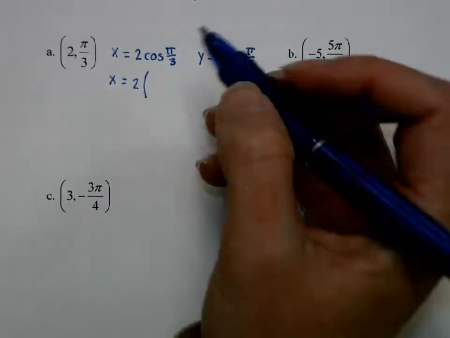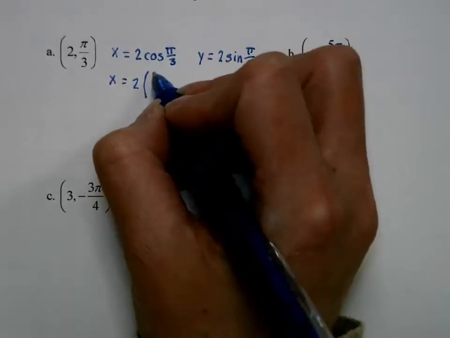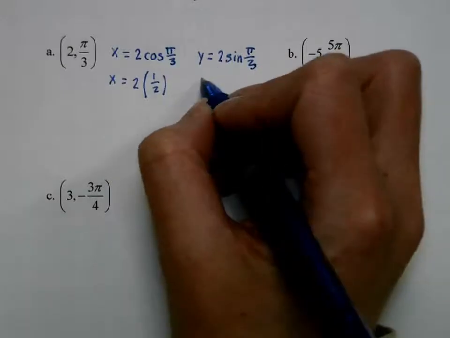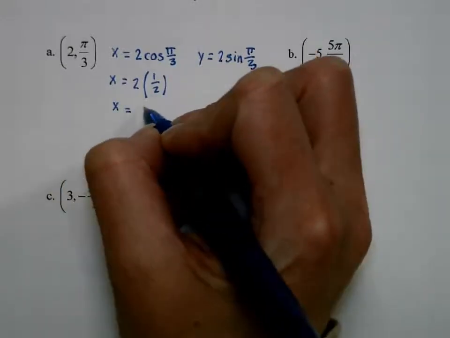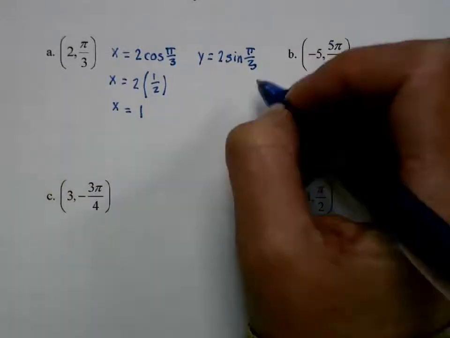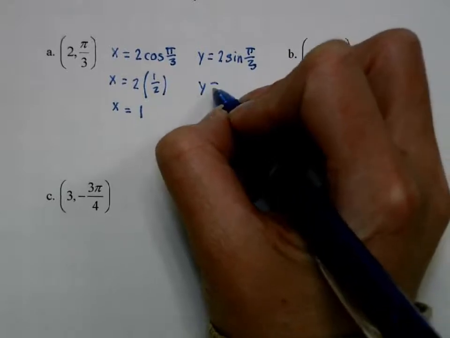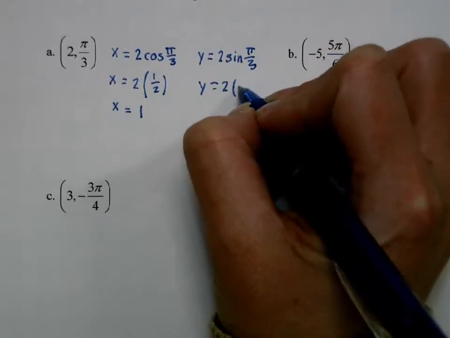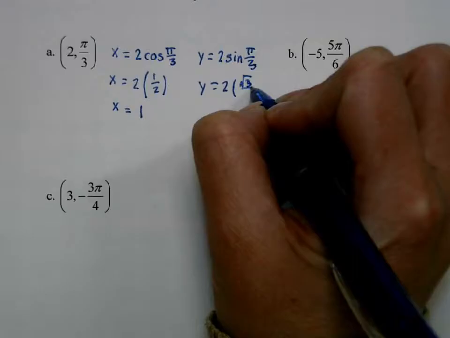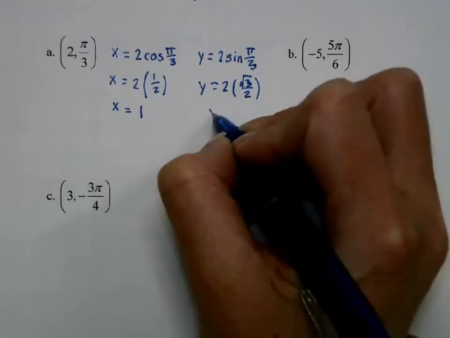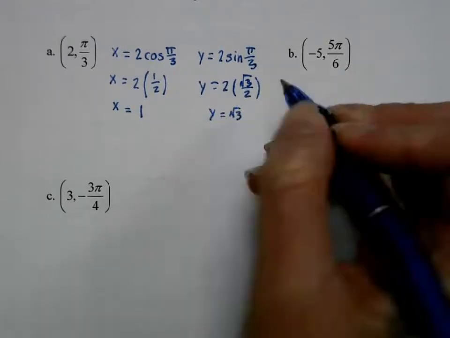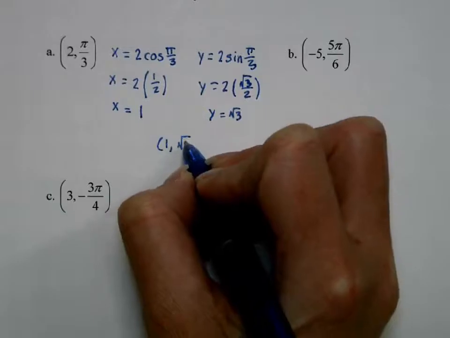My x value at pi over 3 is 1/2. So this gives me a 1. My y value at pi over 3, it's my long y value there, so root 3 over 2. So my coordinates here are 1, root 3.